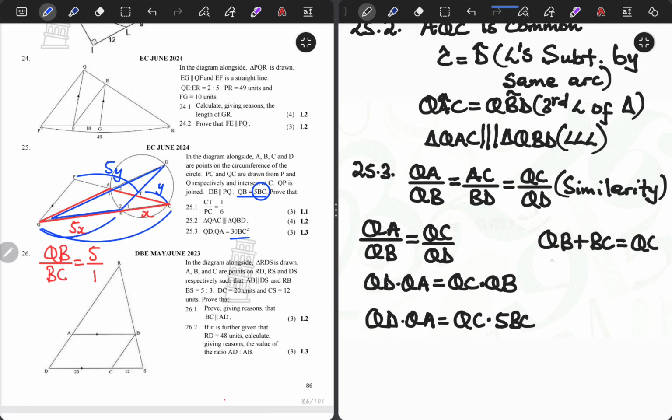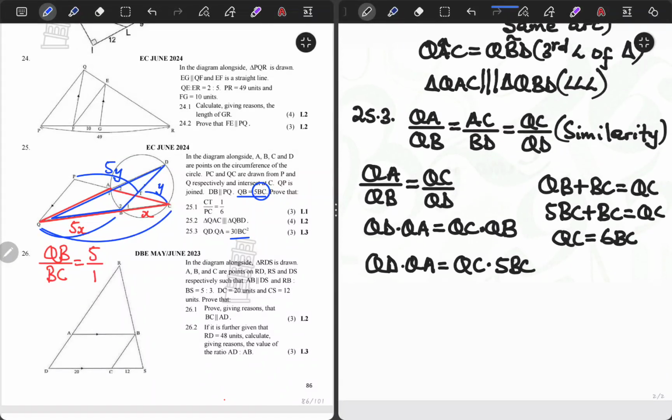QB is 5 BC, plus BC equals QC. Then at last QC is 6 BC. So we're done, ladies and gents.